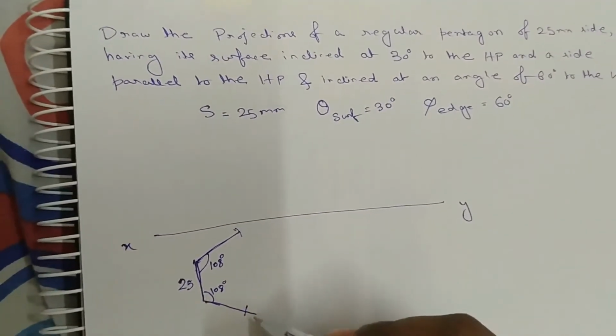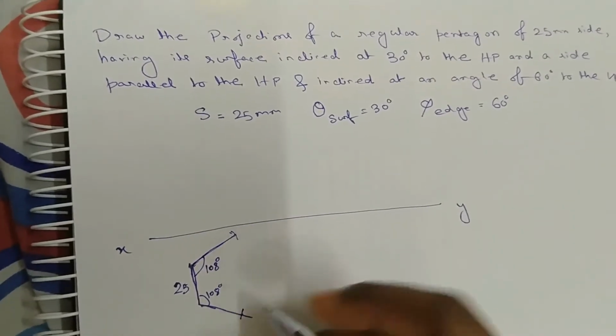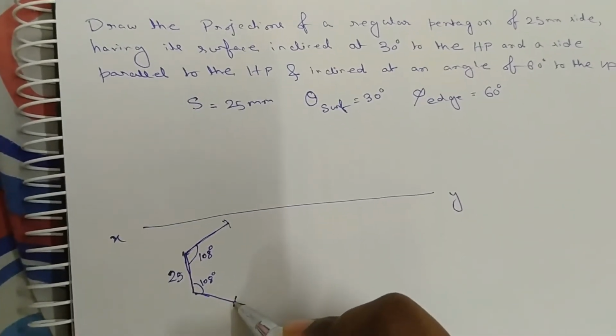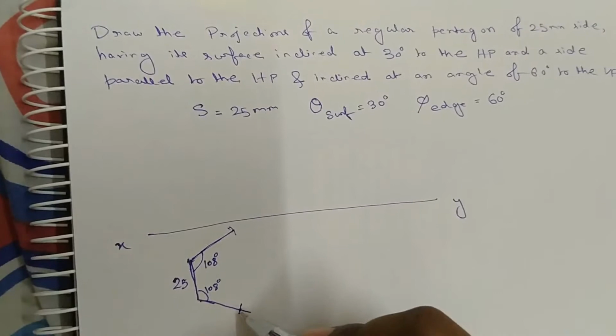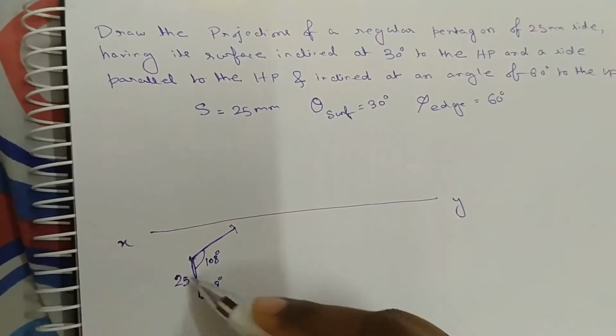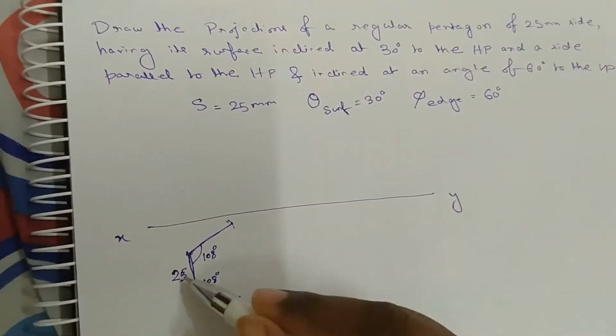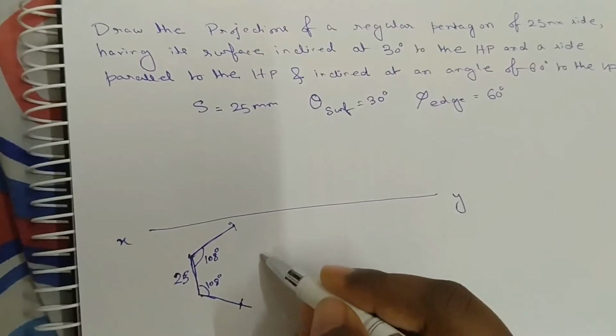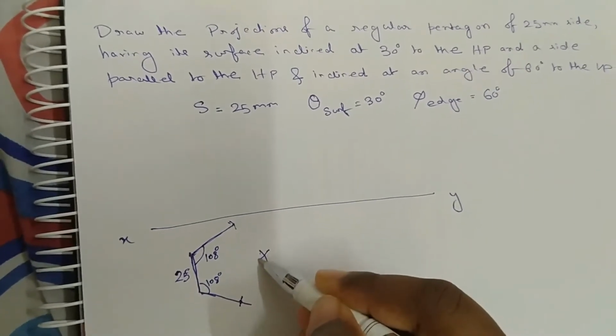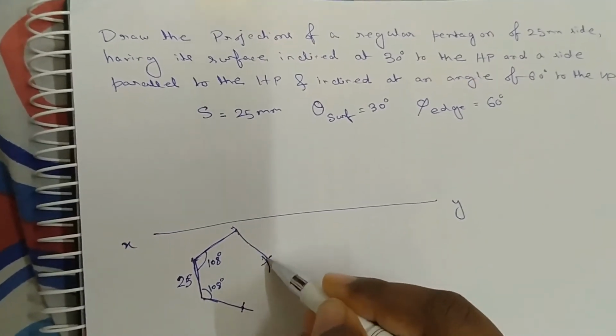After getting these 2 points, we will again take compass and, with center at each of these 2 and radius 25 millimeter, we will cut over here, and we will get the final point.